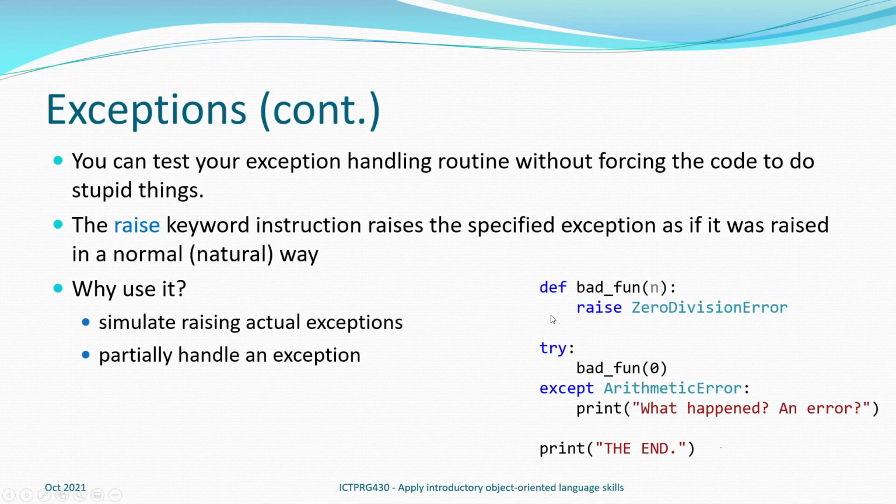So in this one, bad function raises a zero division error. In this example, we're actually raising a specific type of exception error whenever the bad function is run. And by doing this, we can test our error handling and whether or not that particular type of error will break our program.